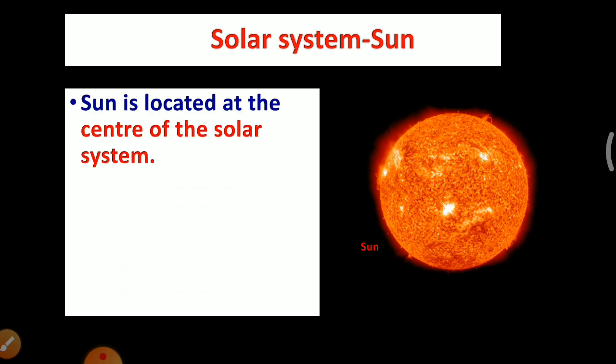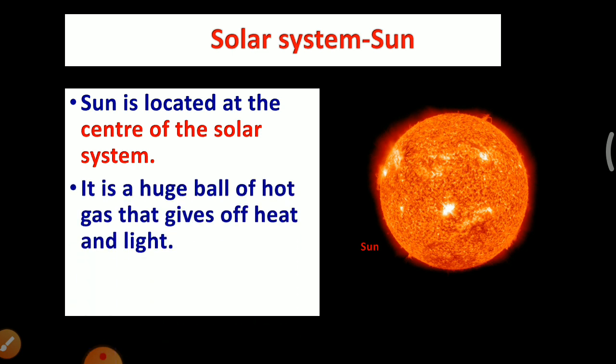So the first point, the sun is located at the center of the solar system, and it is a huge ball of hot gas that gives off heat and light. The sun is a huge ball and it contains hot gases. These hot gases give out heat and light.